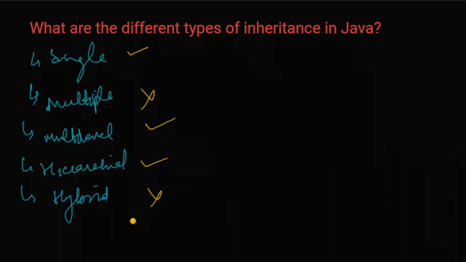That is one of the basic differences, that Java supports only the first three. Single, a single class will inherit the second one, then multi-level A, B, C, hierarchical, a child takes off its parents, or like two can also be there, somewhat like that. So that's what is there in Java.